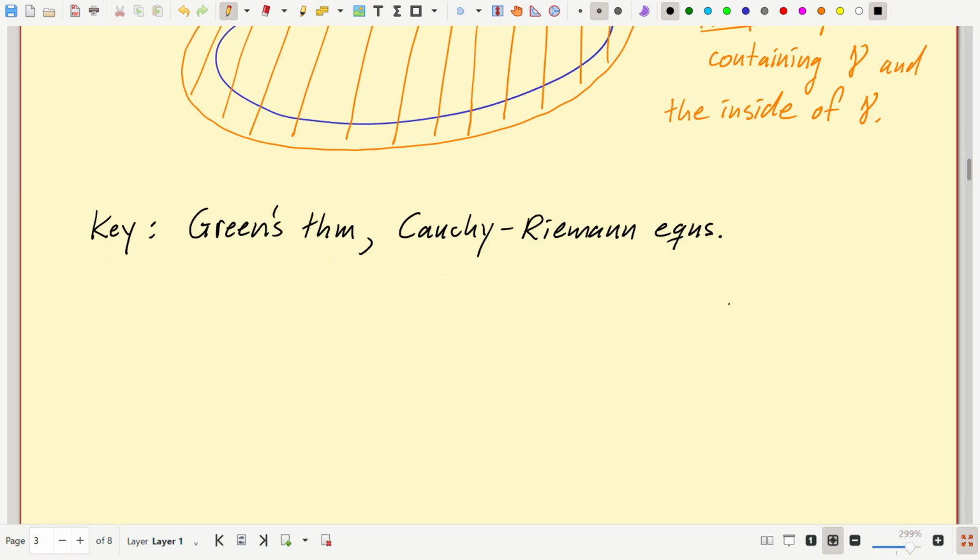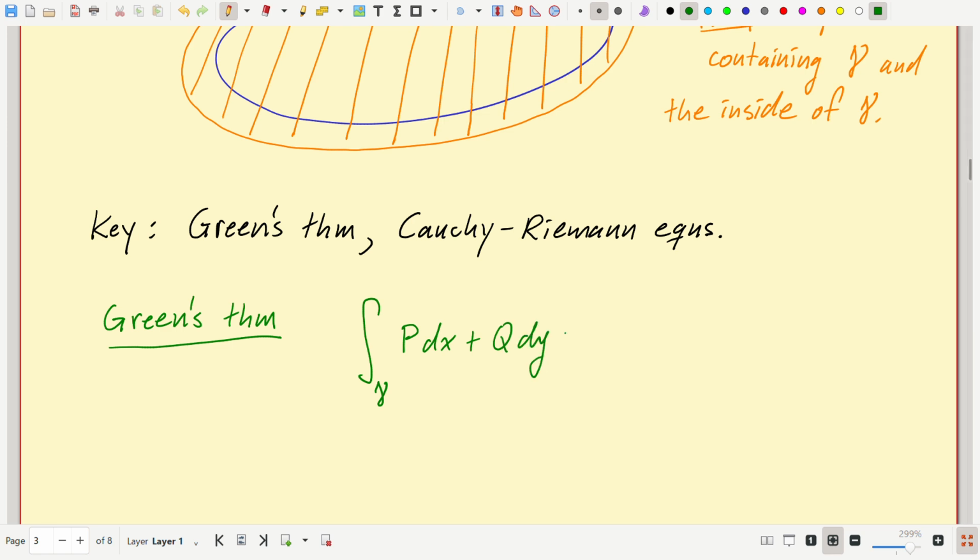Let me tell you what Green's theorem is. I like to write Green's theorem in green. It's a statement about line integrals: the integral around gamma of p dx plus q dy equals an integral with respect to area over the inside of that curve, omega, of dq/dx minus dp/dy.